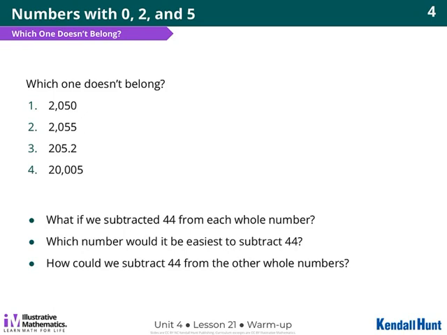All right, which one doesn't belong? Okay, Vivian. C, because there is a decimal point. There's no zero at the end of 2. Okay, so maybe because we have a decimal, maybe C doesn't belong.